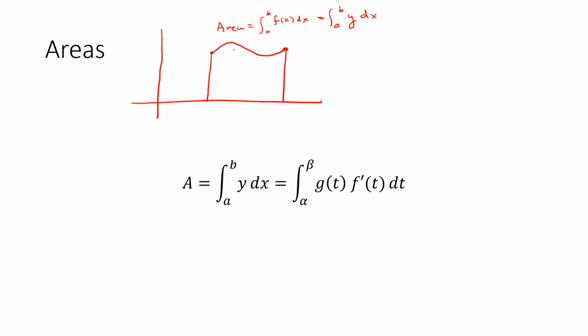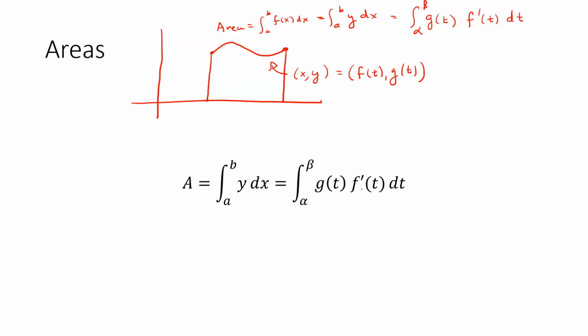So if we're given a parametric curve, suppose this is a parametric curve where the xy coordinates are given by f of t, g of t, then the y coordinate is given by g, and the dx, the derivative of the x coordinate, is given by f prime of t dt.